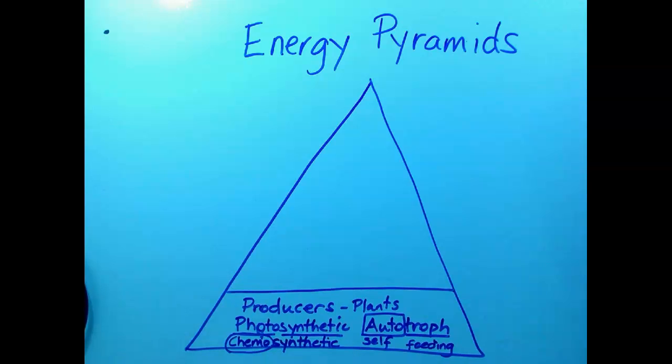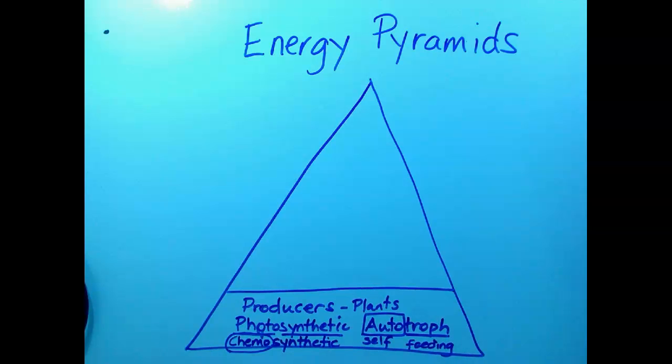And oftentimes we find those guys way down at the bottom of the ocean, producing food from vents that come out of the Earth's core. So those are pretty cool organisms. But for the purpose of this review lesson, we're just going to understand that producers are autotrophs or autotrophic, which means that they're self-feeders. And producers tend to be, in general terms, photosynthetic organisms like plants.